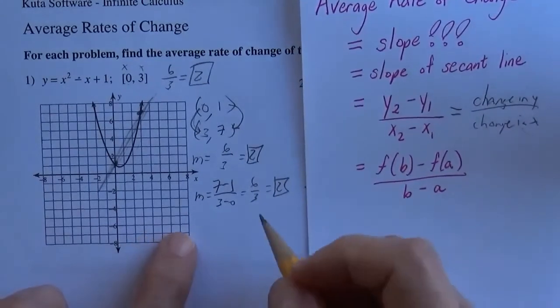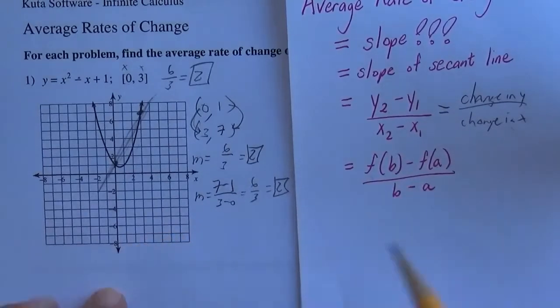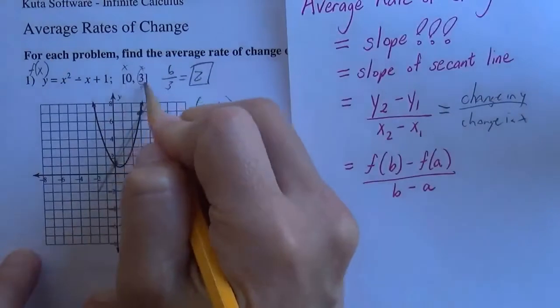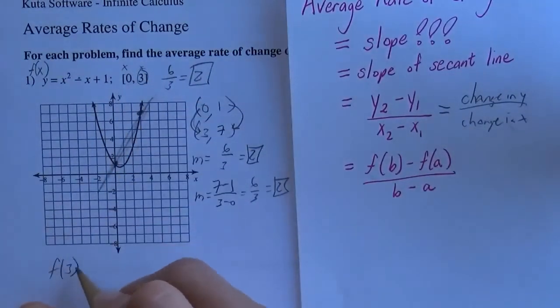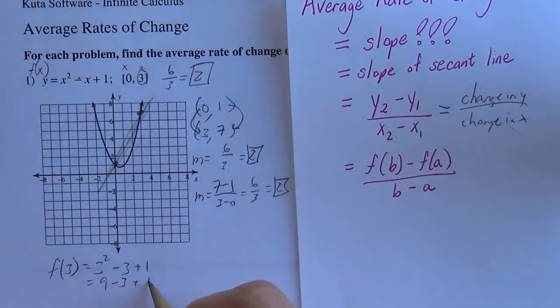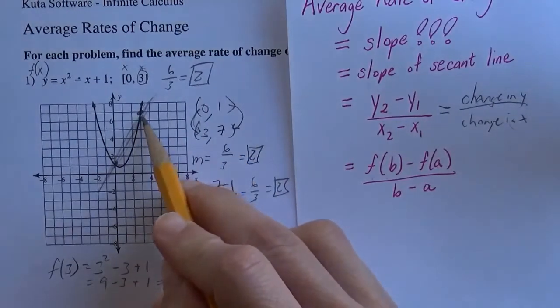Yeah, killing it. And then this formula is f of b minus f of a over b minus a, right? Because this is just like f of x. So f of b would have been f of 3, which would have been 3 squared minus 3 plus 1, is 9 minus 3 plus 1 is 7, just like we knew it was from looking at the graph.